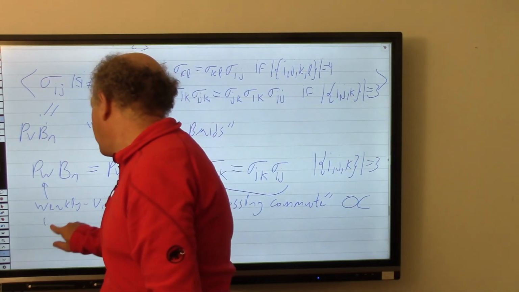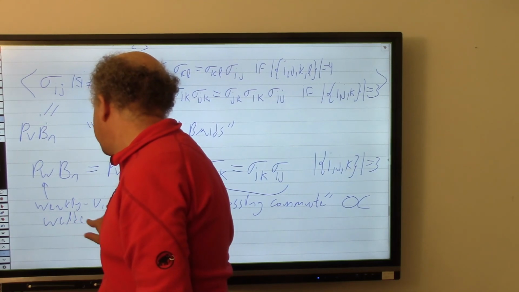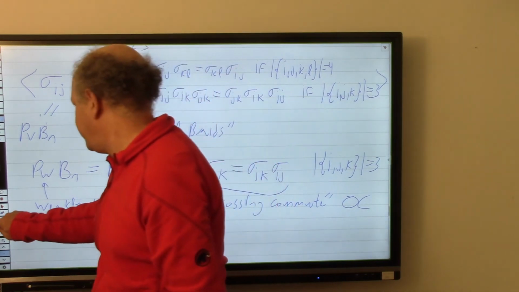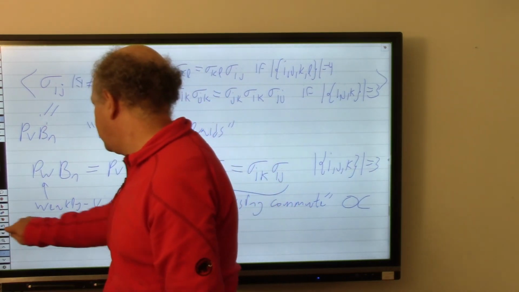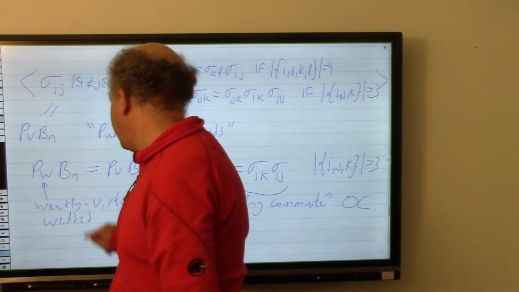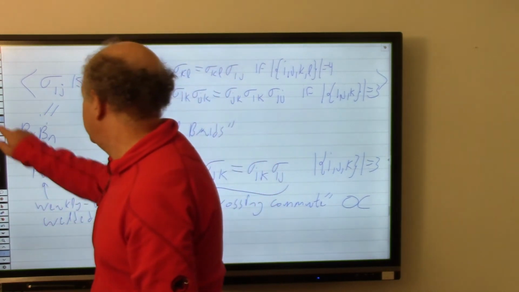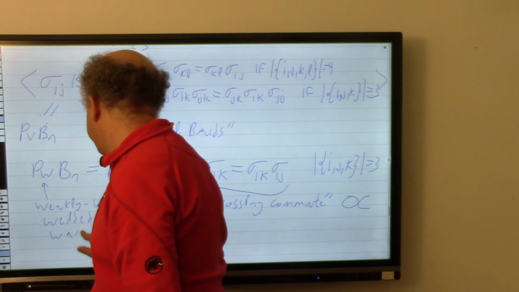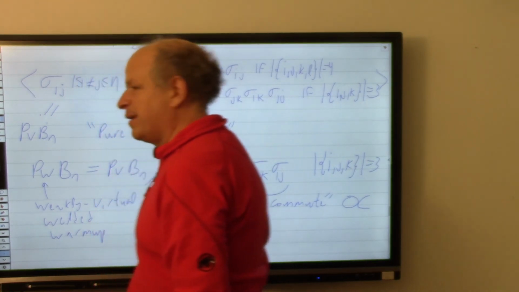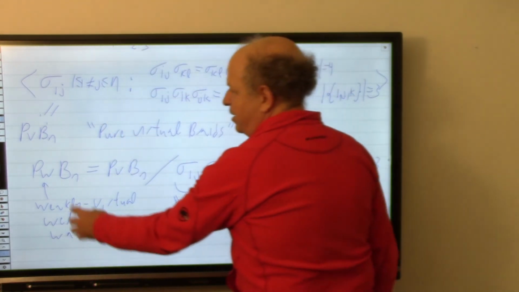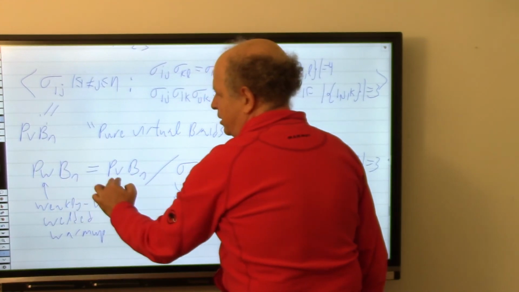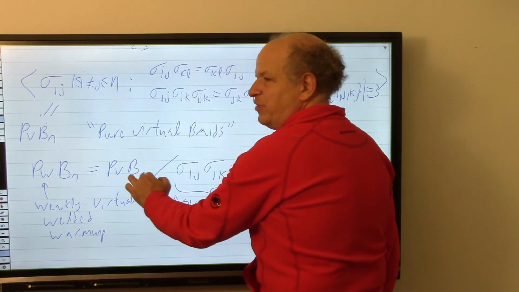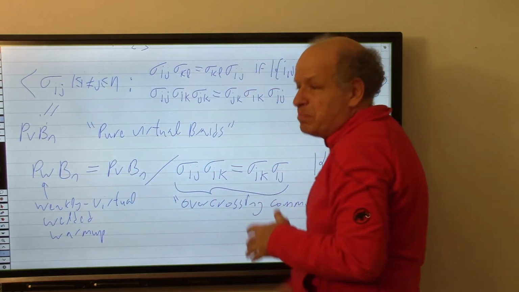It stands for welded, and that's historically the origin of the name, but I'm not sure I like it. And it also stands for warm-up, because studying PwBN is a warm-up for studying PvBN, and PvBN is maybe more interesting.